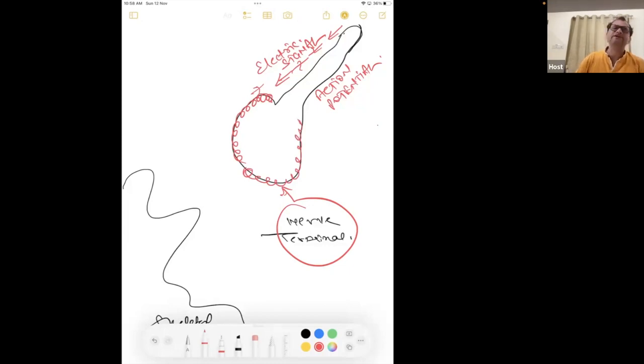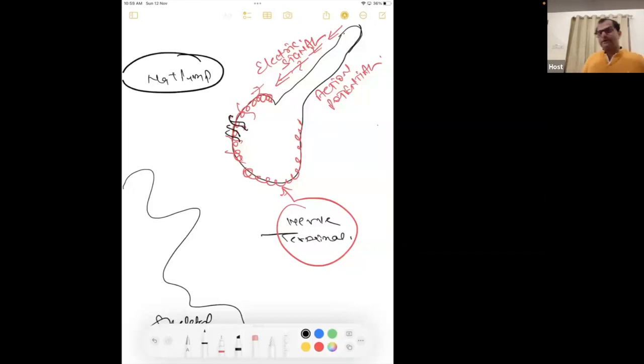Because electricity is reaching here, there are some changes in the nerve ending. As soon as the electric current reaches here, what will happen? One event will happen, that is, the sodium channel will open.